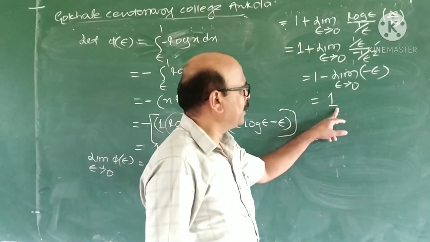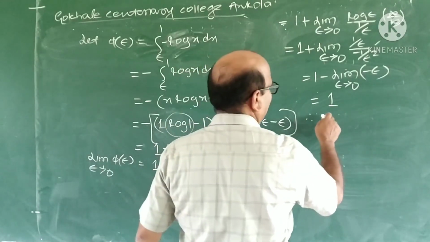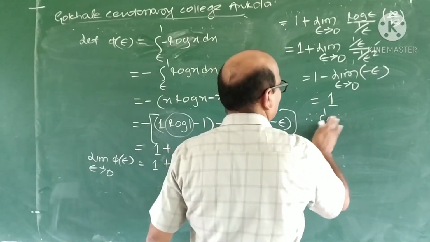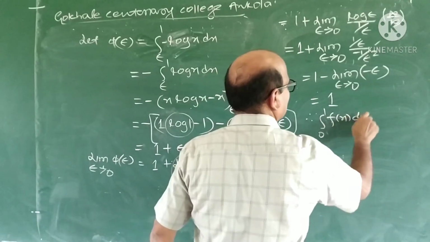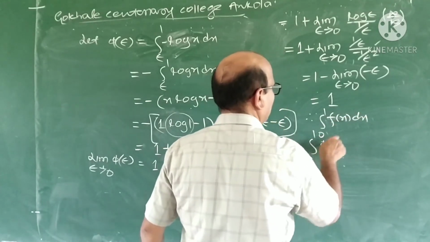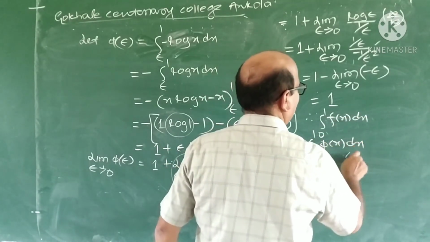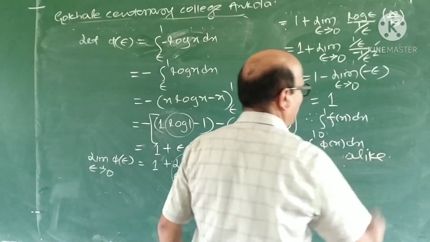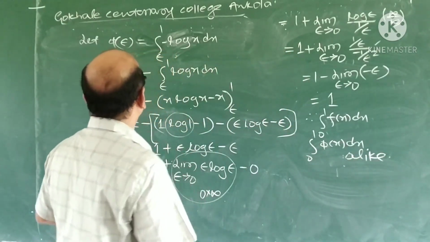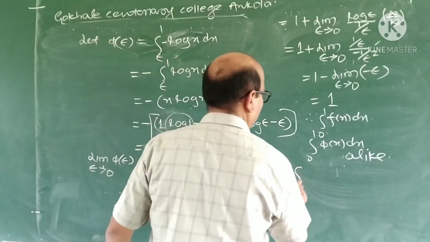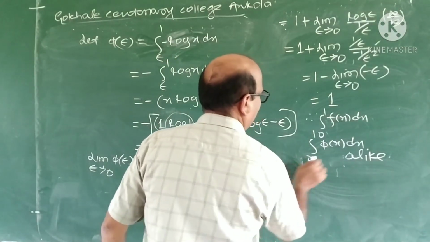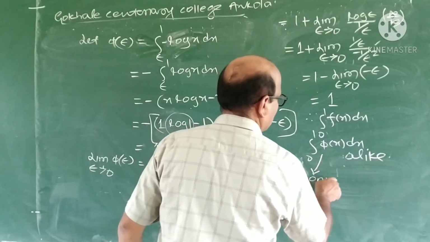Now this is finite and not 0. Therefore by comparison test, the integrals from 0 to 1 of f(x) dx and phi(x) dx are alike, and this converges.